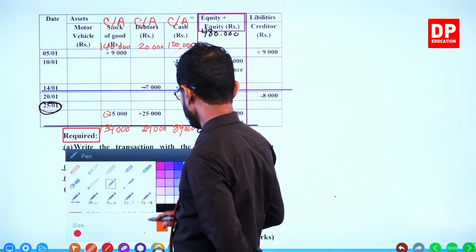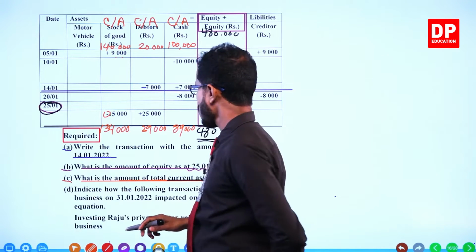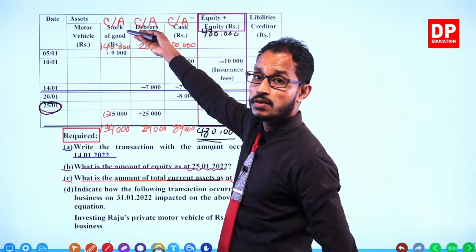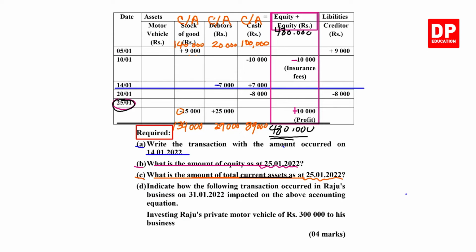Can you see these figures, children? Stock of goods in this column, we have a closing balance of 134,000.